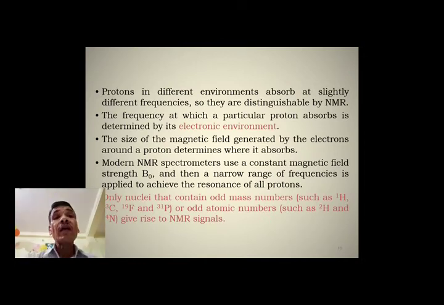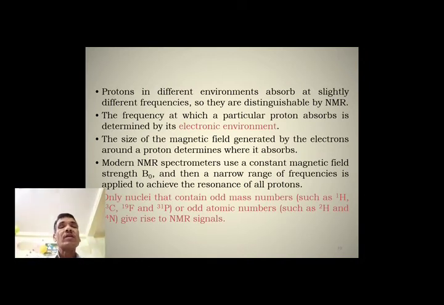absorbs. The modern NMR spectrometers use a constant magnetic field, that is B0, and then a narrow range of frequencies is applied to achieve the resonance of all protons, where only nuclei that contain odd mass numbers such as H1, C13, F19 or phosphorus 31, or the nuclei which have odd atomic mass numbers such as H2 and N14 give rise to an NMR signal.